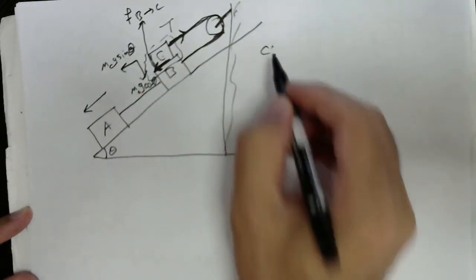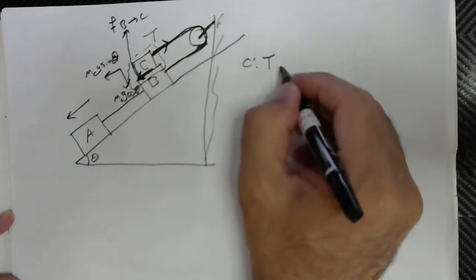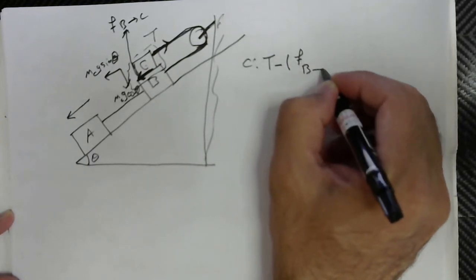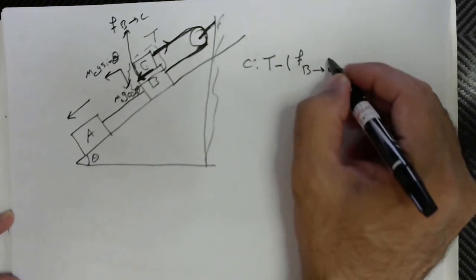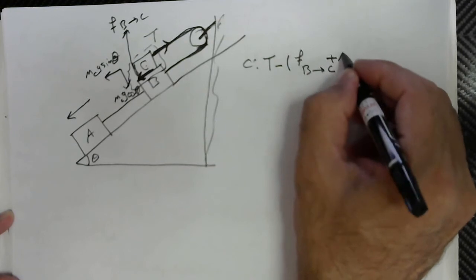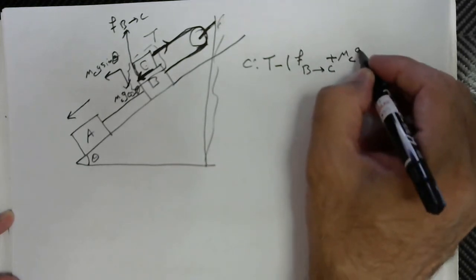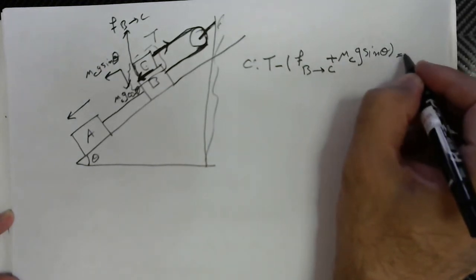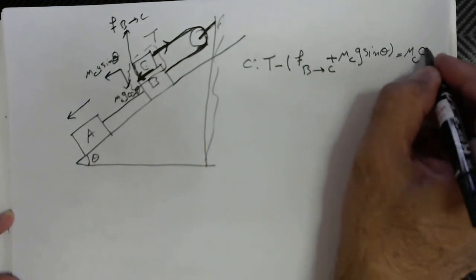So if C is the system, then T minus F B to C plus MC G sine theta is MCA.